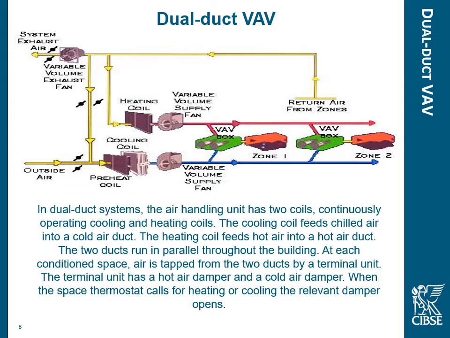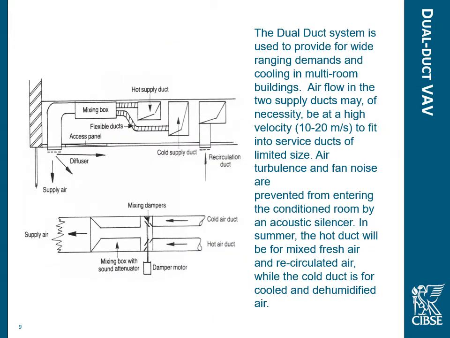So the air arrives into the VAV box, and we decide whether or not it's going to be hot or cold. We can see on the picture at the bottom, we're showing a mixing damper. It's essential to make sure this mixing damper is operating correctly, because we don't want leakage between hot and cold or cold and hot, therefore delivering hot and cold at the same time, because that would be quite wasteful.